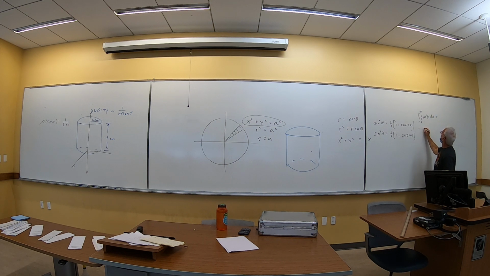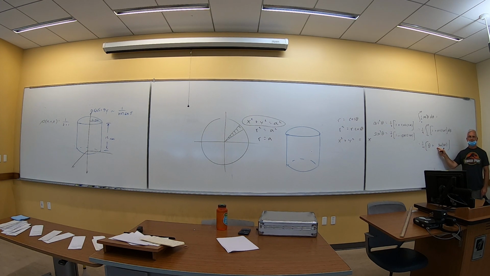So this is now going to become 1/4 the integral of what? Of 1 plus the cosine of 2 theta d theta. That integral is easy. This is going to be a 4th, theta plus sine of 2 theta, and what's going to go here?